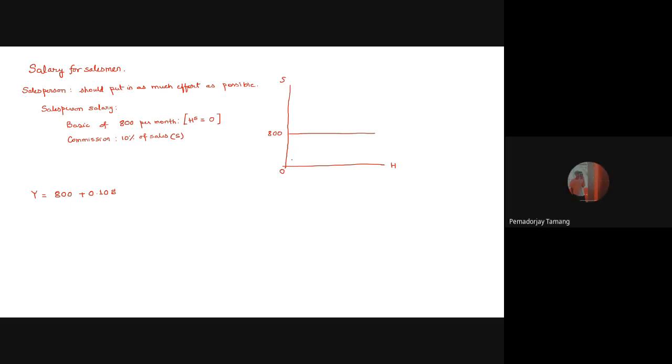So it will be sort of linear, a positive slope, starting from 800. What is the slope of this line? 0.1.